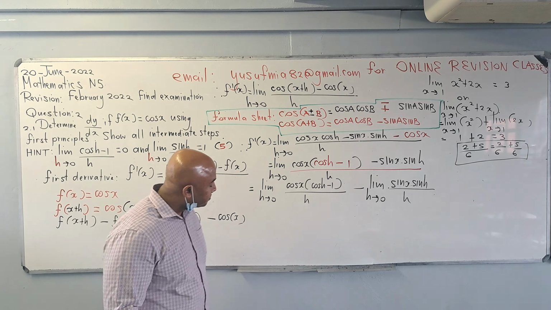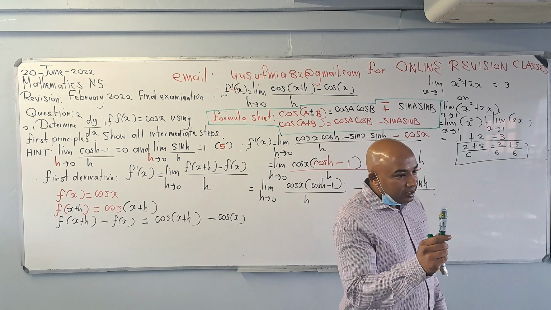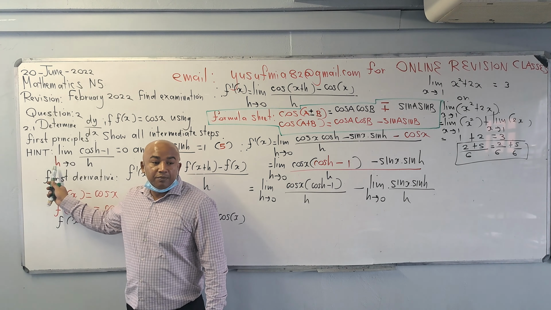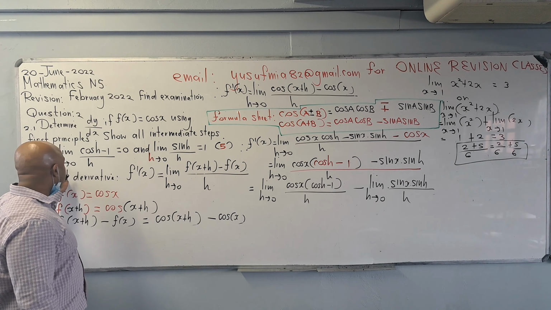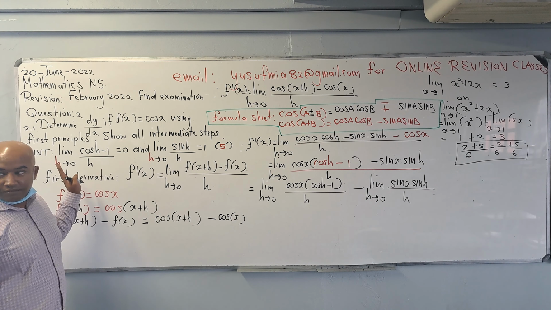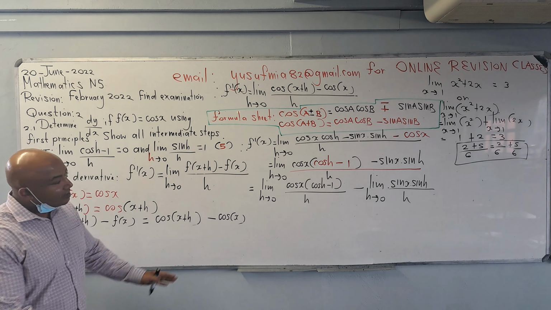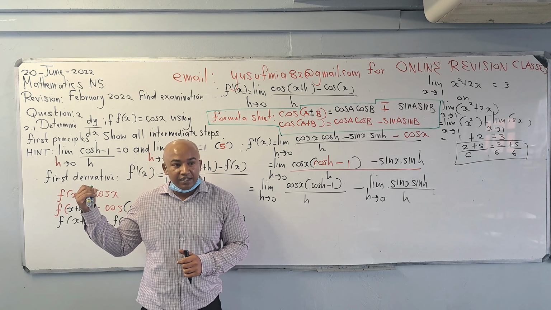You can see that? Now, remember the error in the paper. The error was here. It was given as x approaches 0, which is not true. This is the correct version of the board. It's h approaches 0. This is first principles. Now, we will be using this hint.